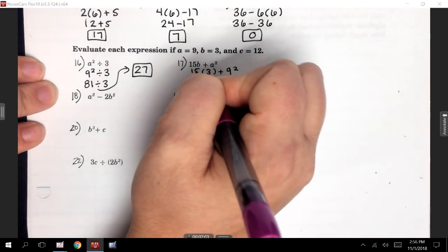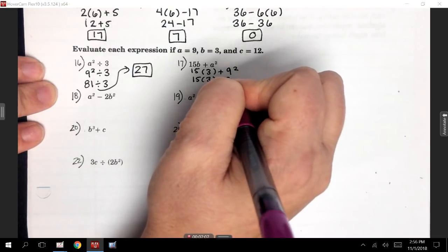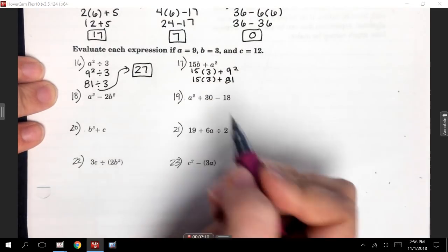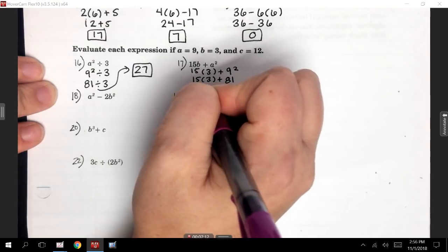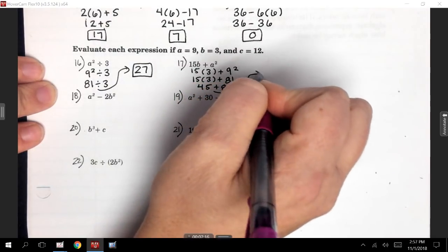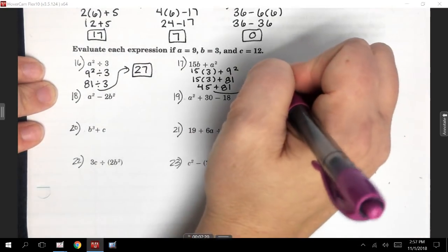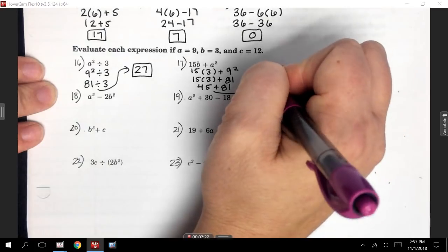So I'm going to do my exponent first. 9 to the second power means 9 times 9, which gives me 81. Now I can do my 15 times 3, which is going to give me 45 plus 81. And then 45 plus 81, when I add those together, is going to give me 126.